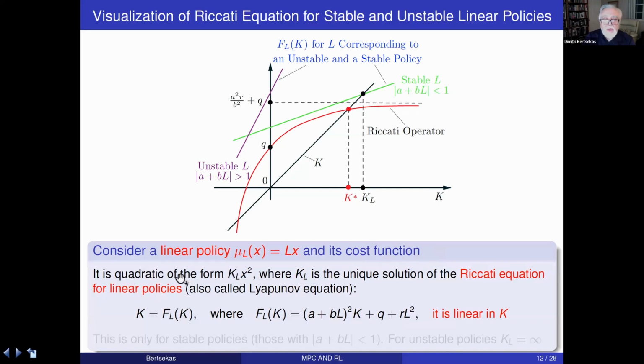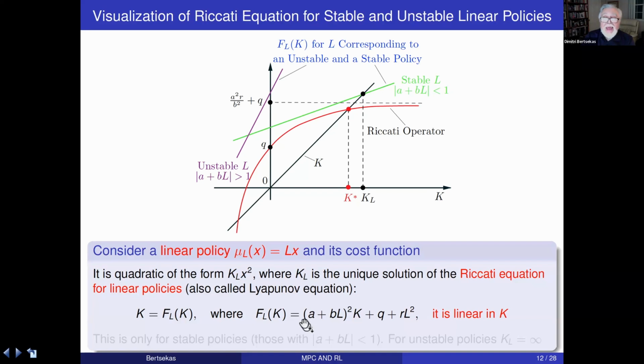This cost function is quadratic of the form KL x squared, where KL is the unique solution of the Riccati equation for linear policies, sometimes also called the Lyapunov equation. It's a fixed point equation where the operator corresponding to L is now linear in K, with this coefficient for the linear term and this constant.